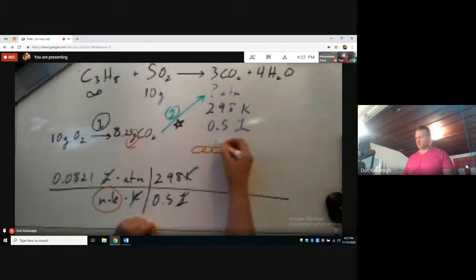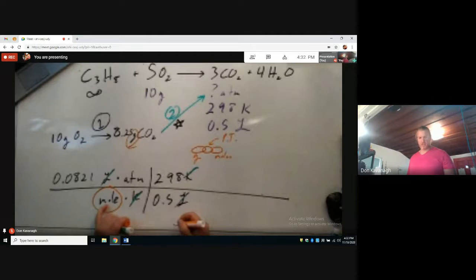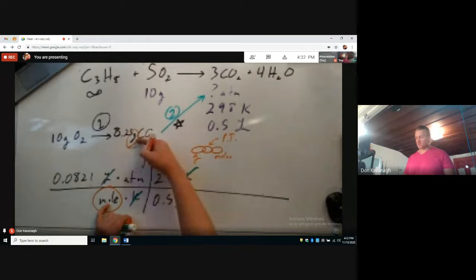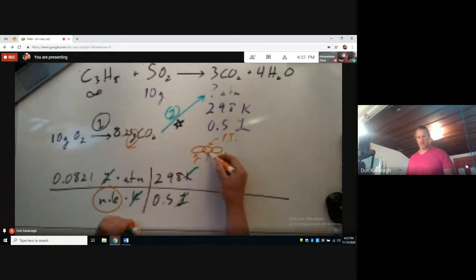A unit that contains both grams and moles exists on the periodic table, the molecular weight. So very often in chemistry, if you have a unit to cancel and a unit you have, if you can find that middle link that contains both, that's your keystone or your missing link.